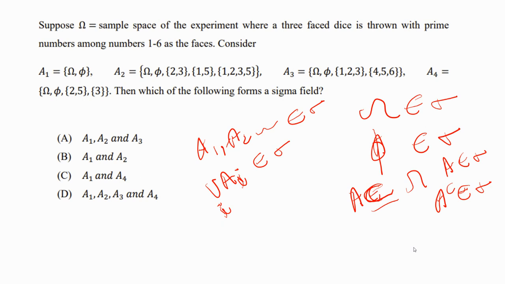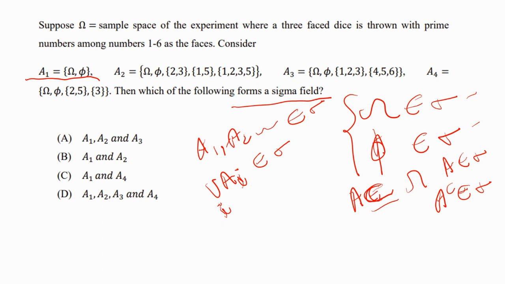Okay. So now A1 is the total sample space and the empty set. Whether it is a sigma field or not? We can see that the empty set belongs to this, so the first and second conditions are satisfied.